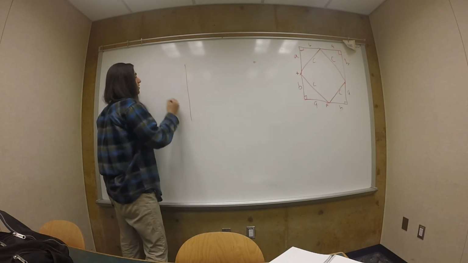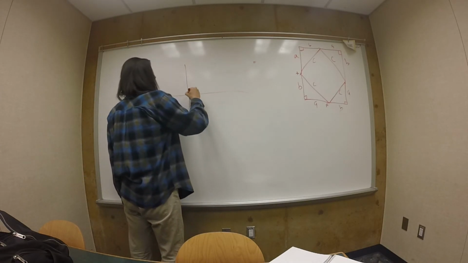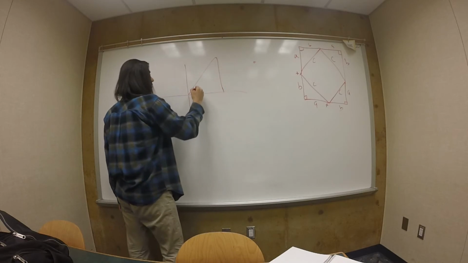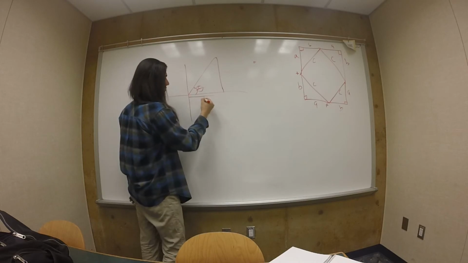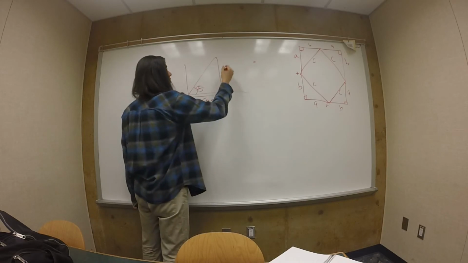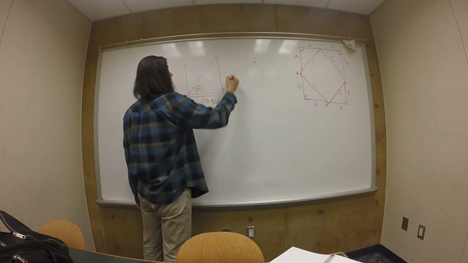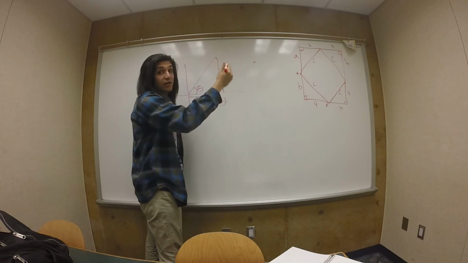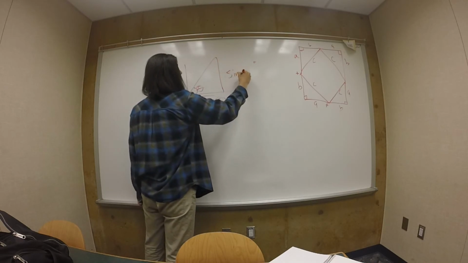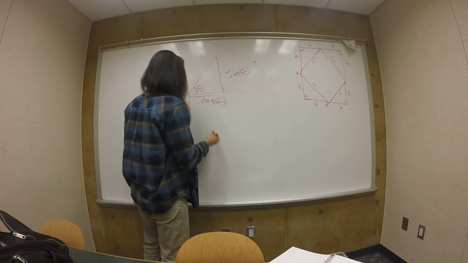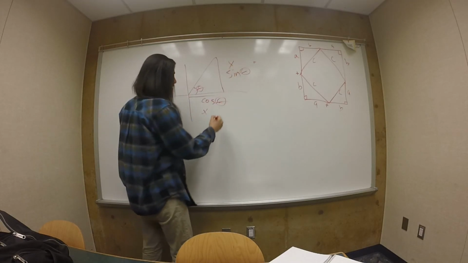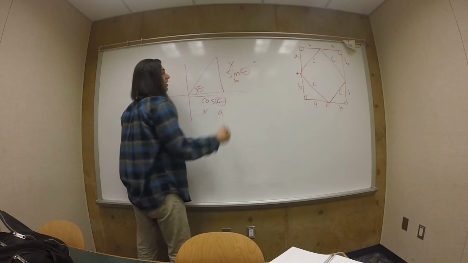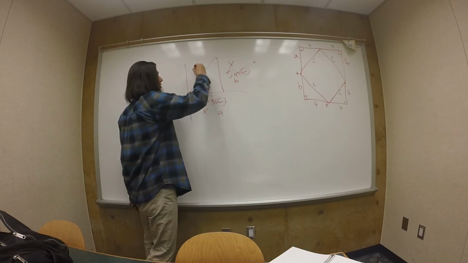If you think about your Pythagorean identity, you have your theta right here. This is your cosine of theta. This is your y value, the sine of theta. So you pretty much have your x here, you have your y here. We can say the same thing: you have your a here, you have your b here. The radius is 1.